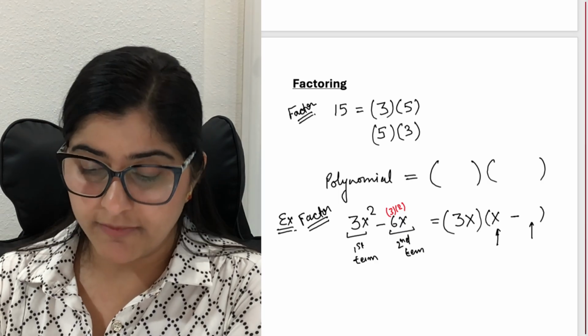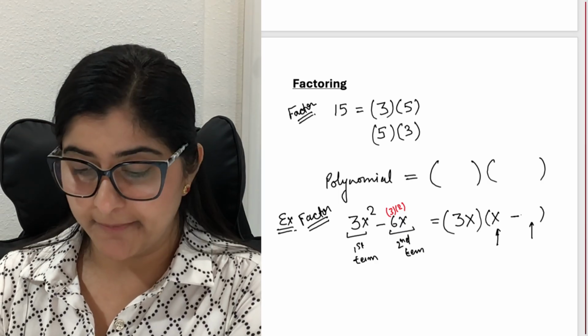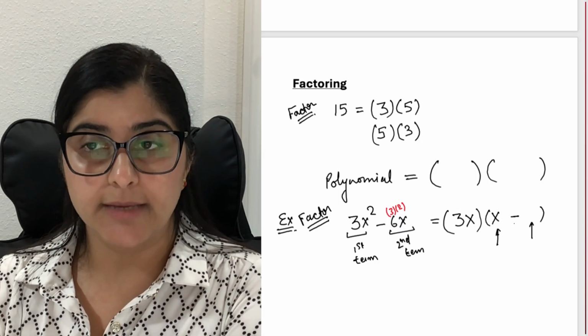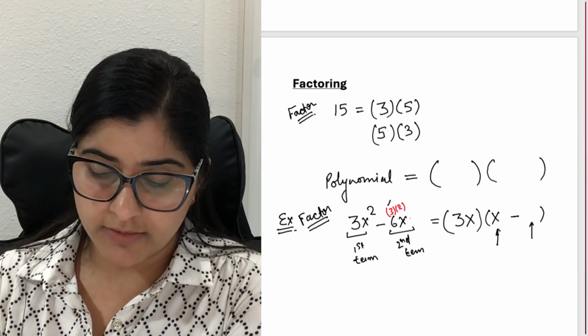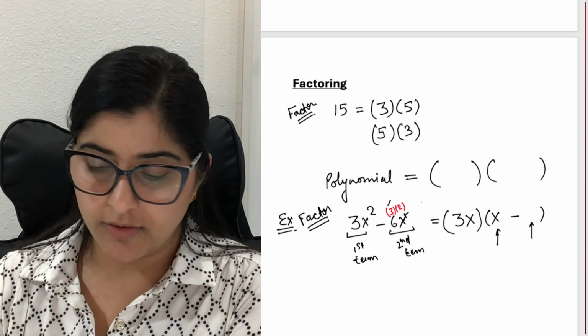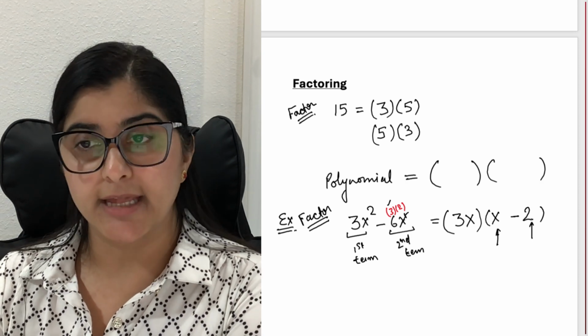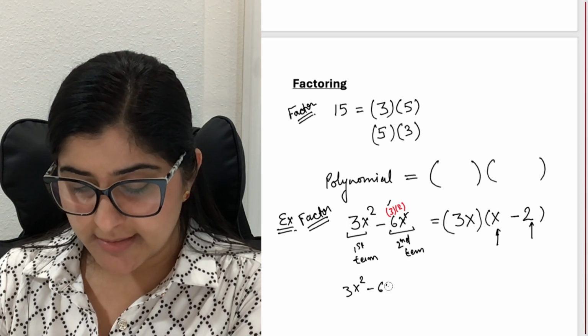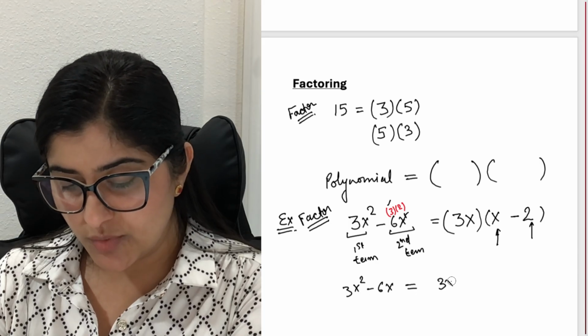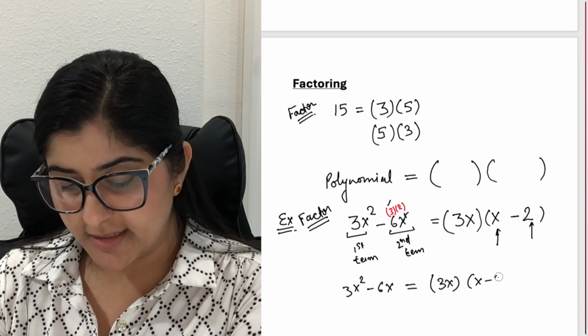So only 1 copy of x is left at the first place. Then the minus sign, keep the same sign. At the second place, 3 and 1 copy of x are already borrowed, so only 2 is left. So 3x squared minus 6x can be written as 3x times x minus 2.